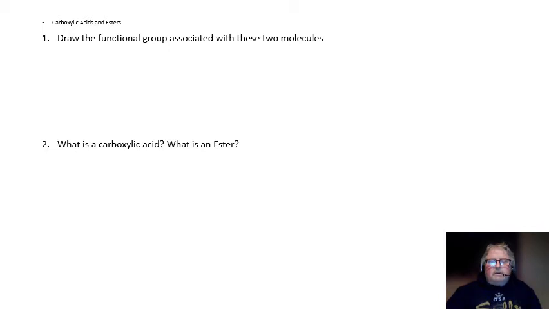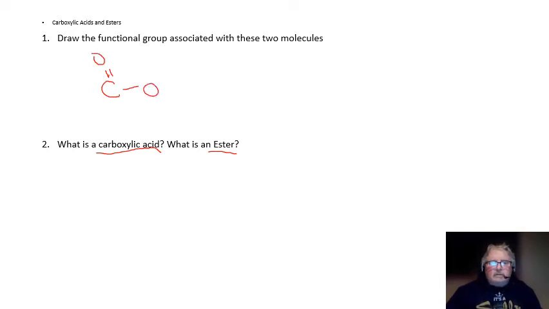The first question is to draw the functional group associated with these two molecules. These two molecules are known as carboxylic acids and esters. The functional group is a carbon that has a double bonded oxygen and a single bonded oxygen.